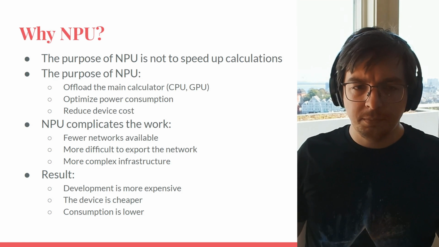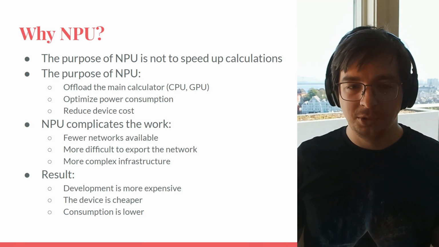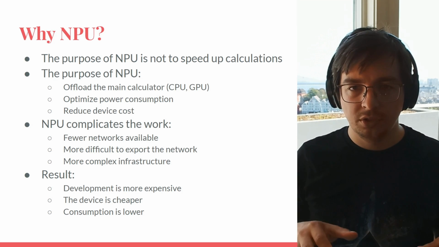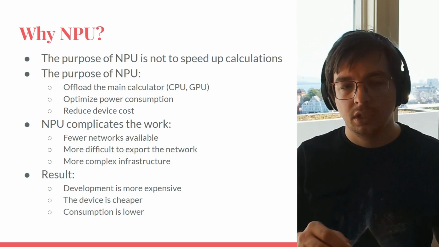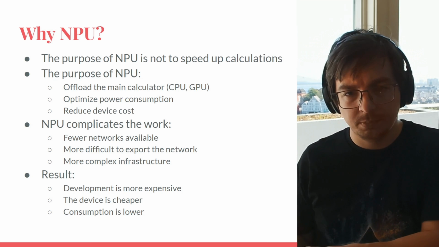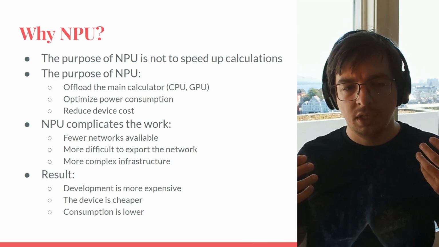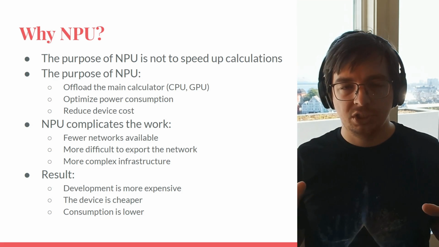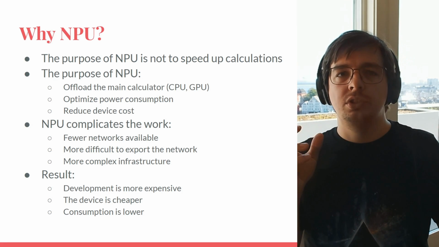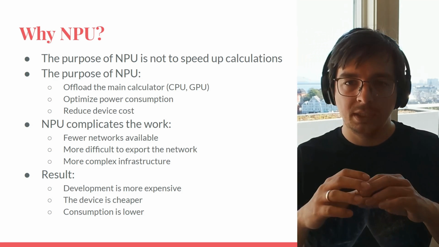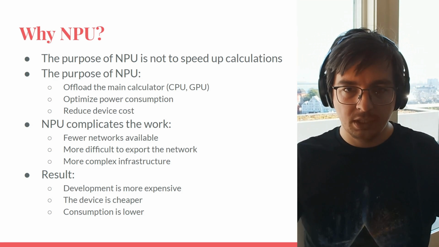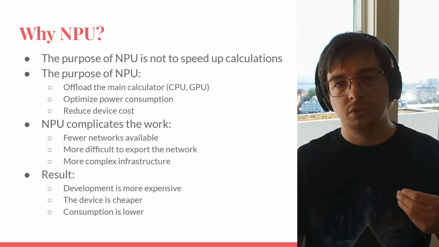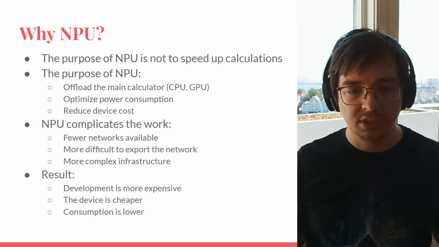But NPU will complicate all your work. You need to choose your neural network more carefully. It's harder to export your neural network, of course. And of course, you need to maintain pretty complex infrastructure. For example, your CI/CD pipeline will be much more complex because you need to test your code on a specific device that will be connected to your CI/CD pipeline and stuff like this.